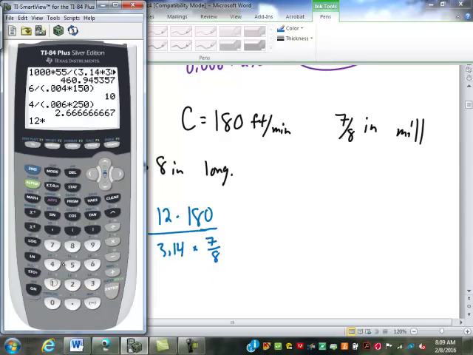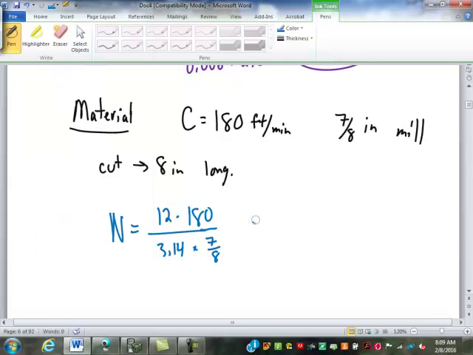So 12 times 180 divided by parentheses pi, or 3.14, times 7/8, close my parentheses. We get 786 RPM.